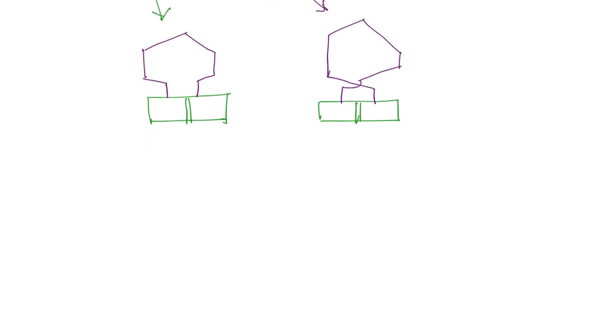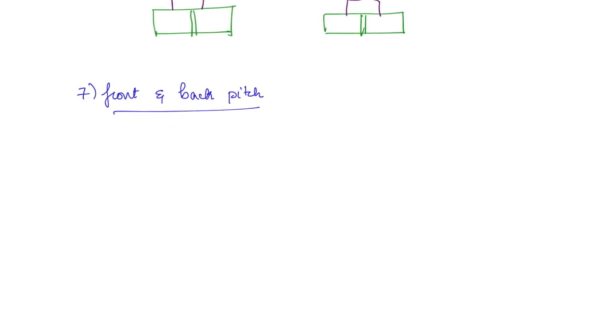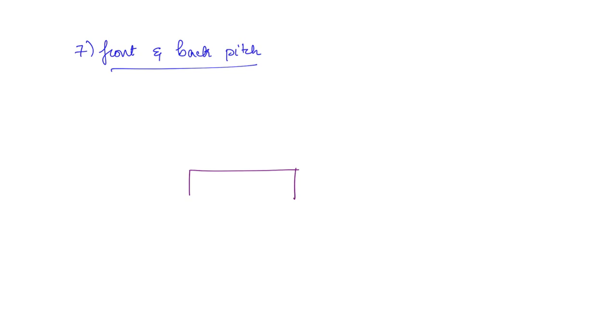Next is front pitch and back pitch. Here once again we will consider the commutator segments. So this is one commutator segment and here you have another. Totally three commutator segments you have. Now let us say one conductor is starting like this and the other end is connected to the next commutator segment, progressive winding, right? Now this is again connected to another coil and this is connected to the next commutator segment. Remember these are connected in different slots.